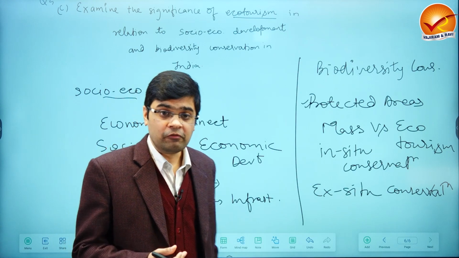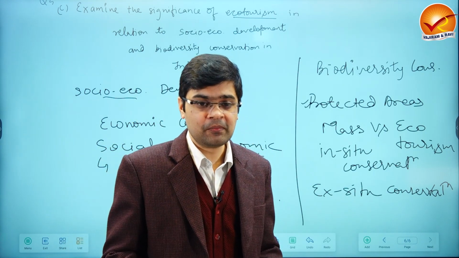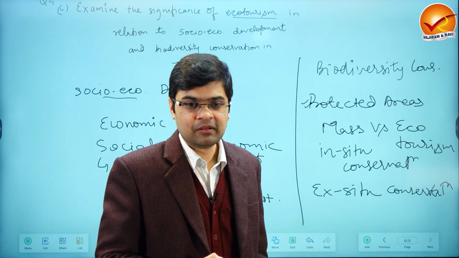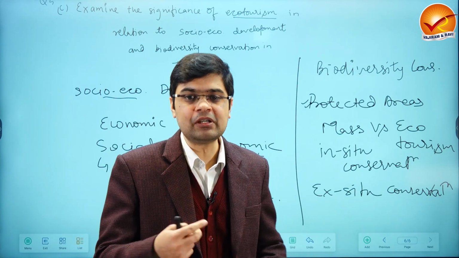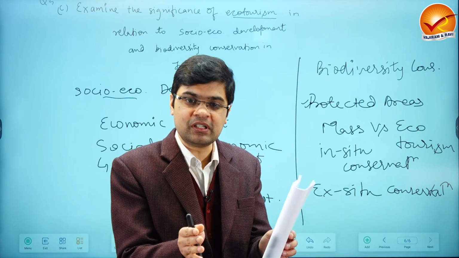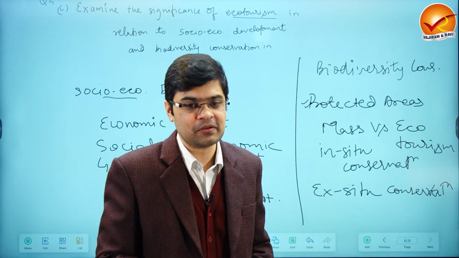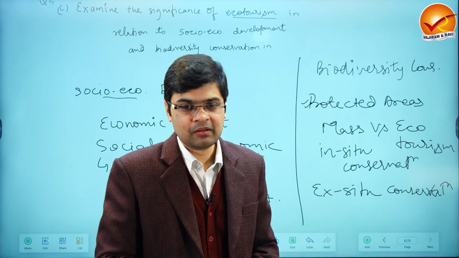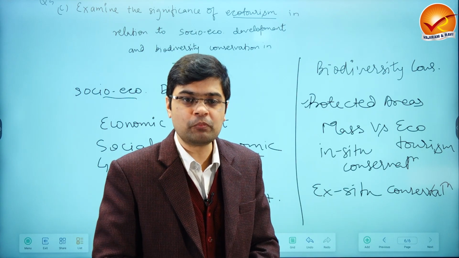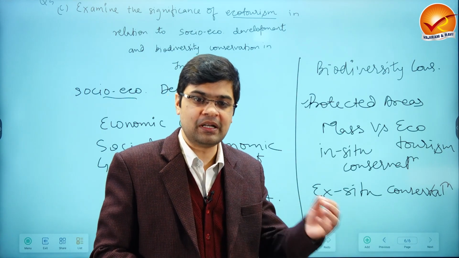Or like today, we have Turtle Park in Varanasi. In Chambal we have this crocodile sanctuary. All of these are parts of ecotourism where the objective is to conserve the biodiversity, both flora and fauna, of that region. Had it been mass tourism, we would have all of those problems which we do not want for sustainable development of the region.